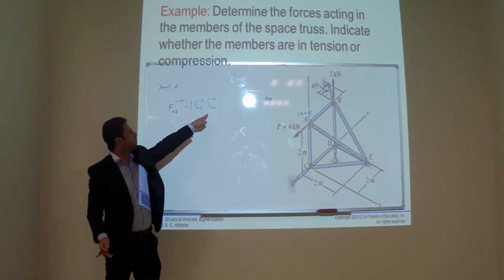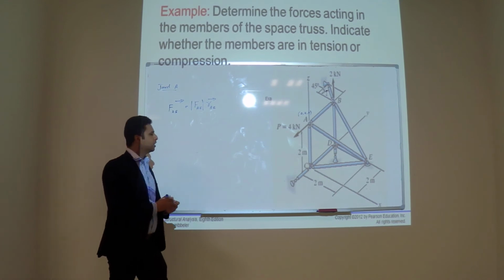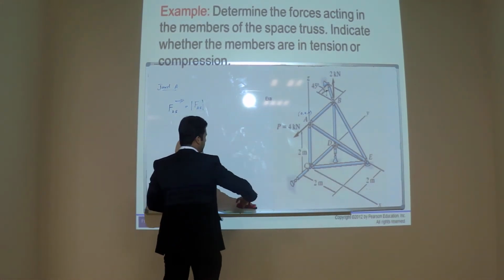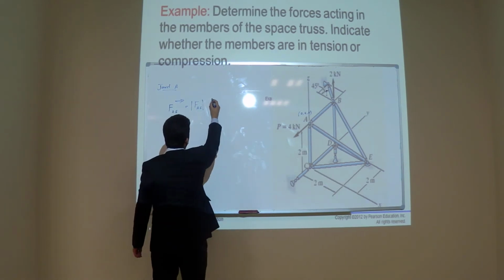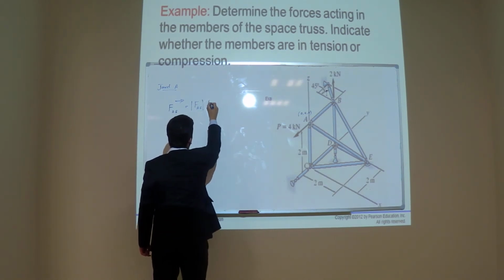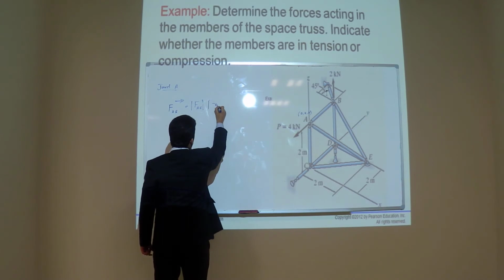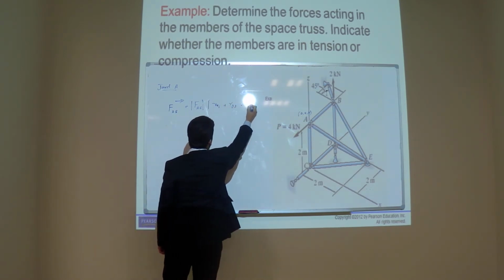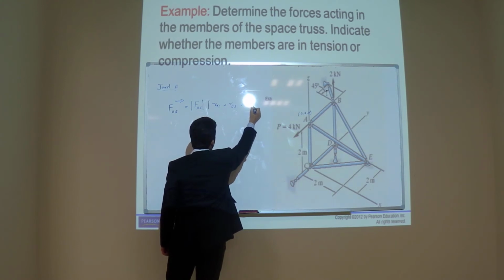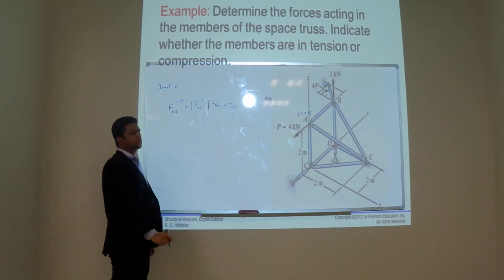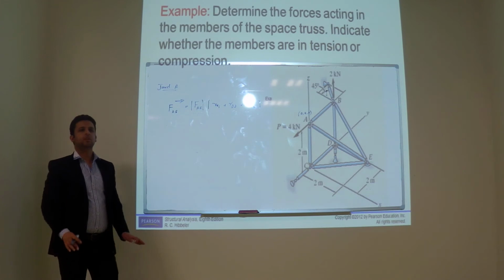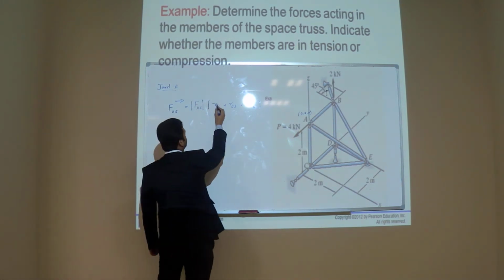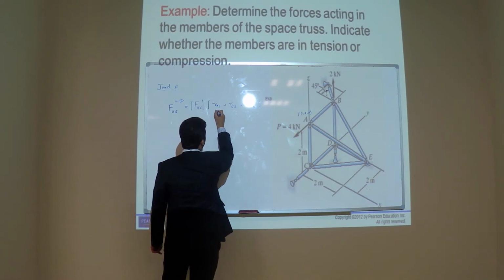The direction is given by this position vector. You can write this position vector as Rx i plus Ry j plus Rz k. But if these are to be unit vectors, you have to divide them by the magnitude.